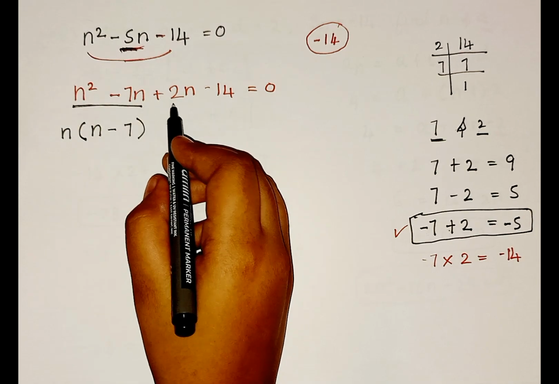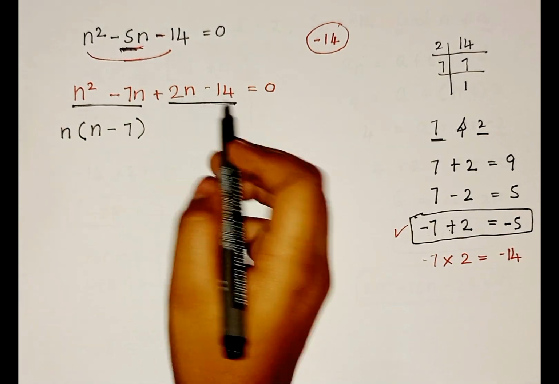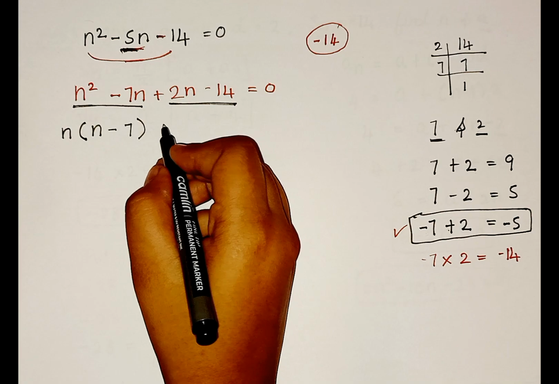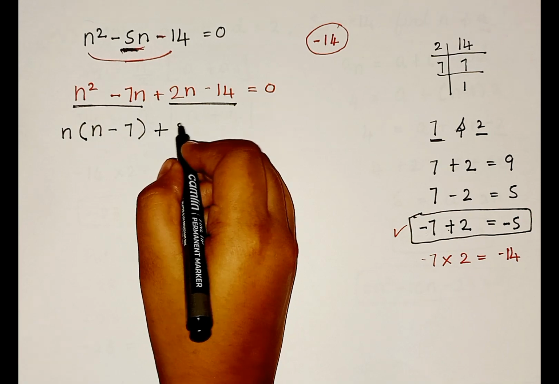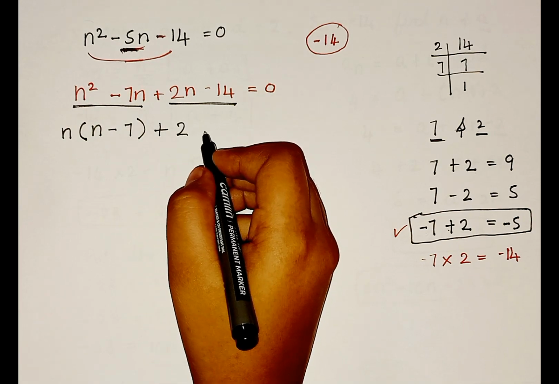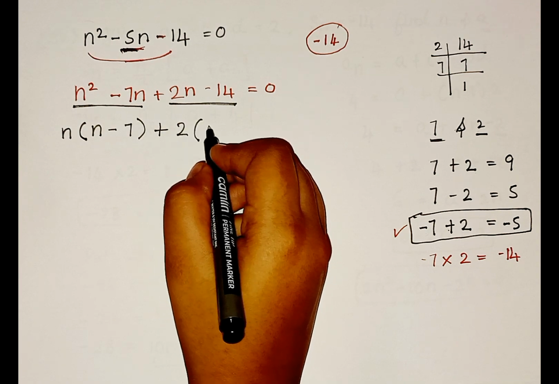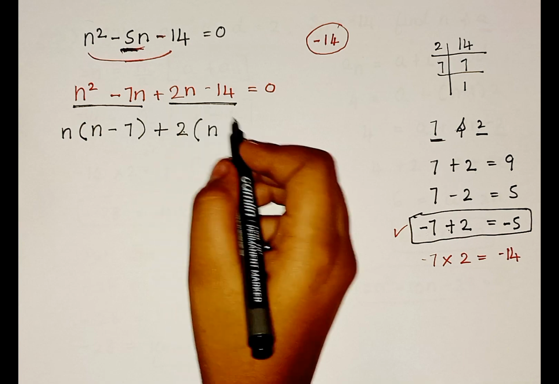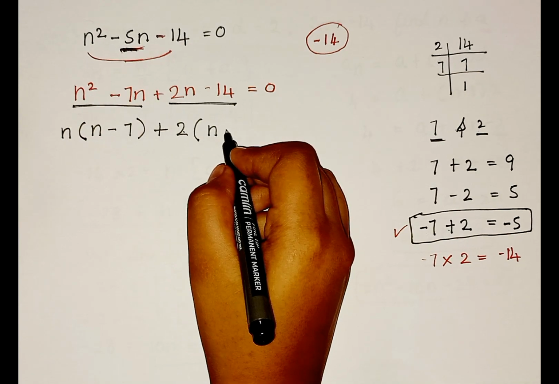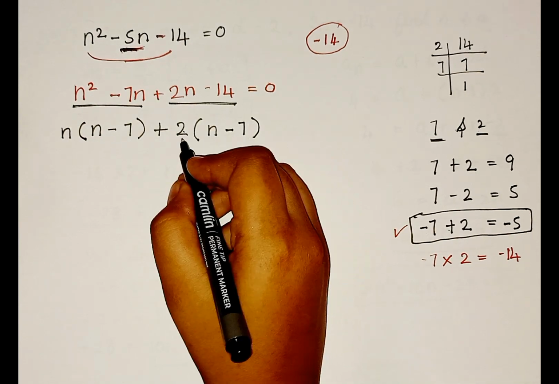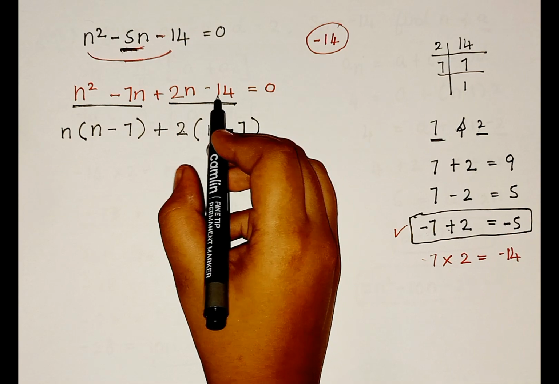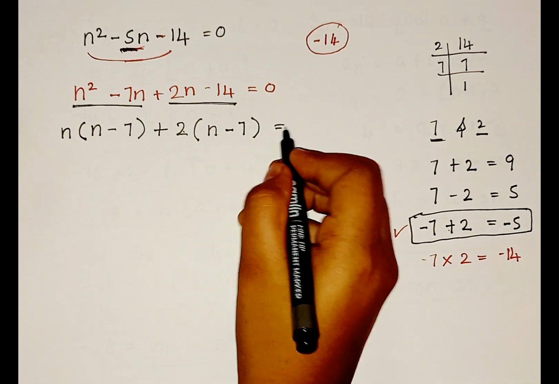In these both values, we can take plus 2 as common. So when we take it as common, we can write 2 into n. So 2 into n is 2n and 2 into minus 7 is minus 14, is equal to 0.